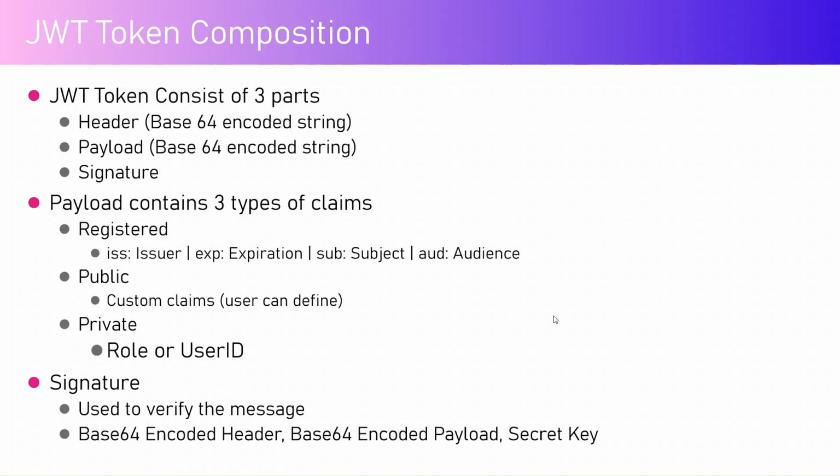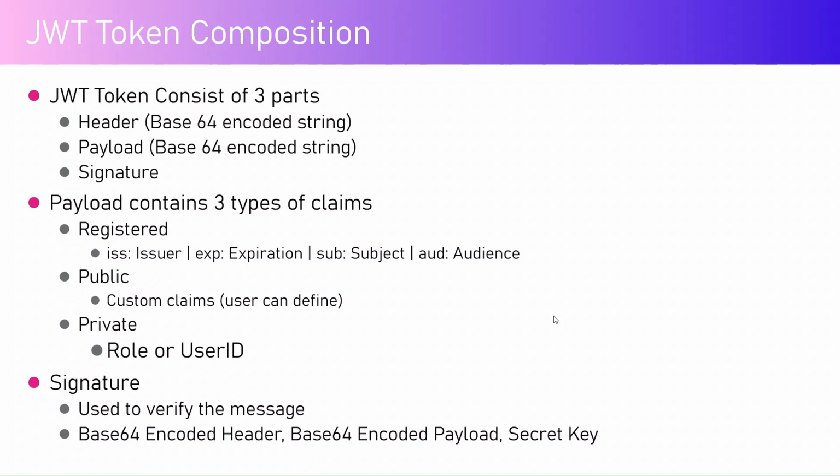Basically, it will give you a checksum of the combination of the header, payload, and signature component. Now, the base 64 encoded header, base 64 encoded payload, and a secret key compose the entire JWT token.